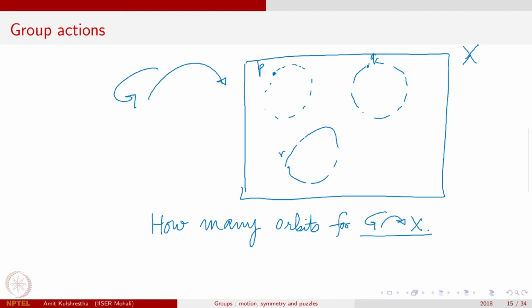And before I could give that answer to you, I would define one more concept, which is that of fixed points.